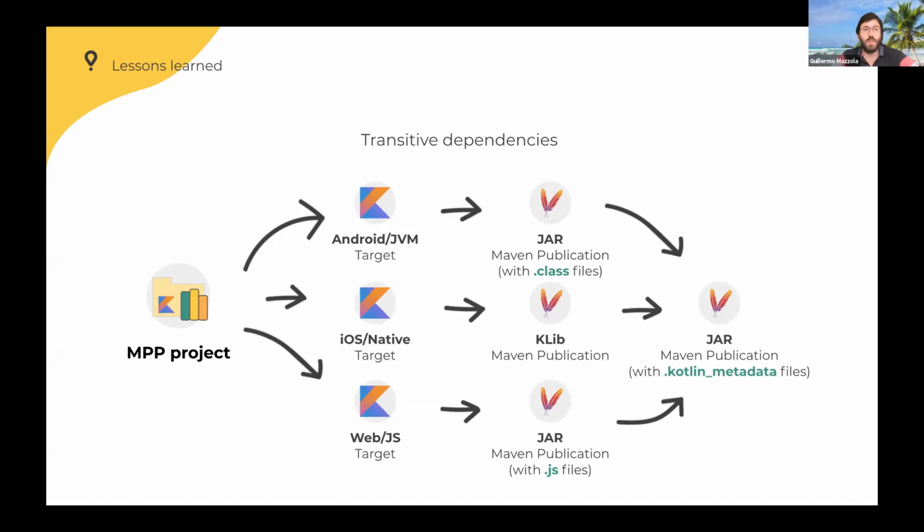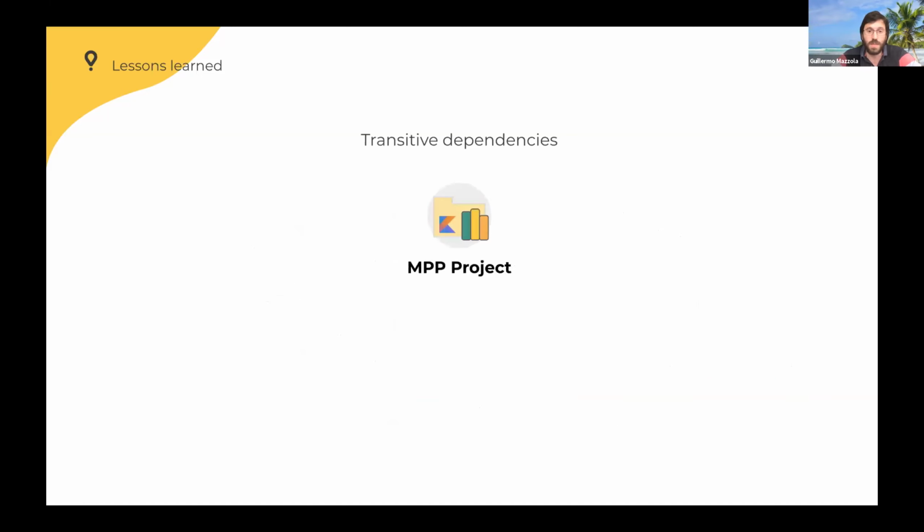When you publish a jar from your multi-platform project, make sure that you are also publishing the jar from the common source set, which is the Kotlin metadata. Otherwise, it won't compile or resolve, because it has a strong dependency on it. I mean, the POM from the main artifacts depends on the common artifact.